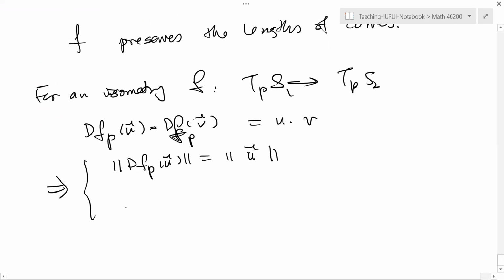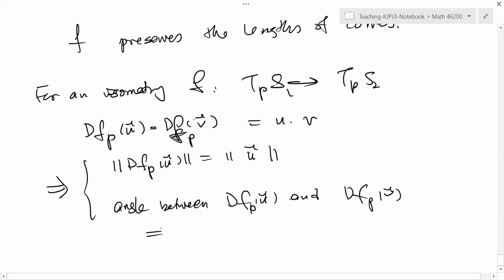It preserves the angle between DFP(u) and DFP(v), which is the same as the angle between u and v.